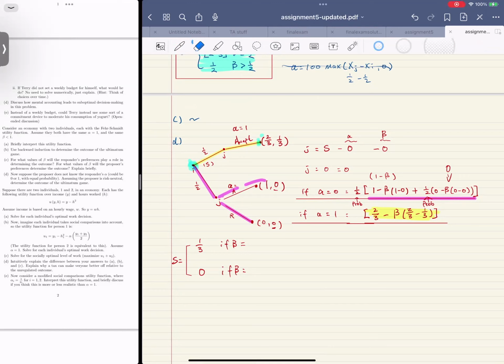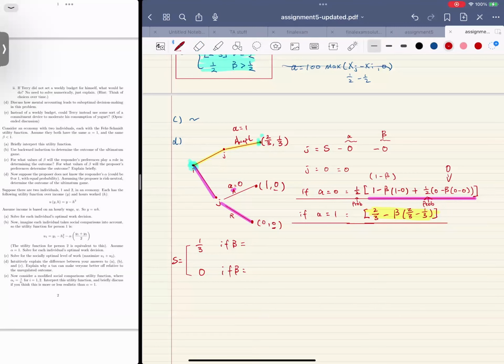Because in this case, if A equals 0, this is not 1/2.